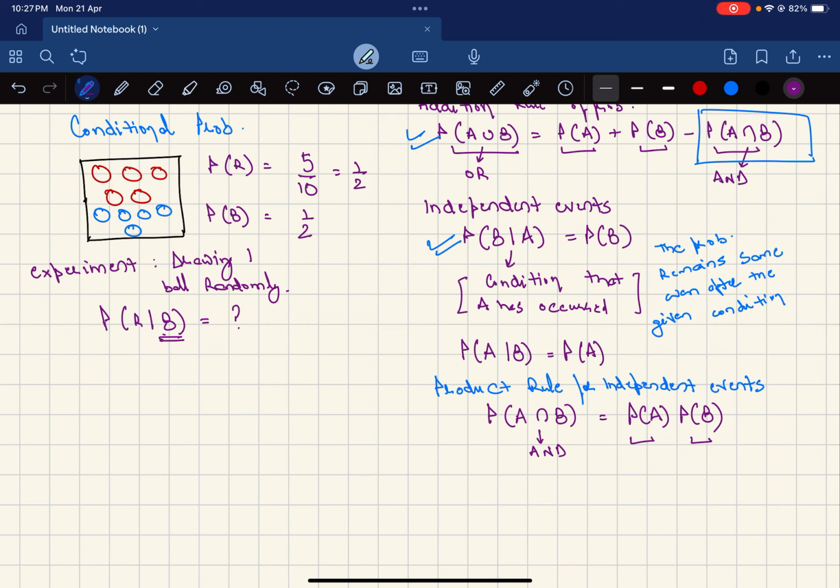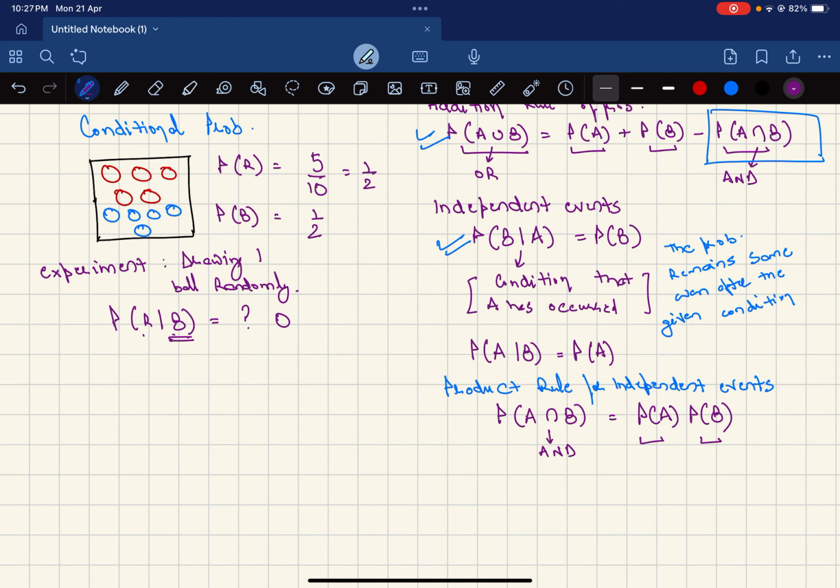Given that a blue ball is drawn, we already know that R cannot be drawn. If it's a blue ball, it cannot be a red. So therefore, this conditional probability would be equal to 0, since if we have the blue ball already drawn, we cannot have a red ball since we are only drawing one ball. Therefore, this conditional probability in this case would be 0.